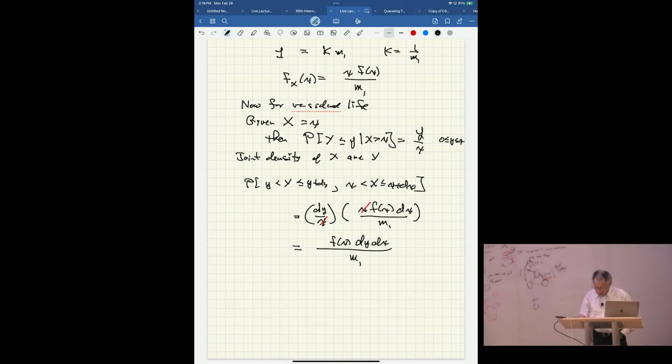So I get that f hat, the thing I'm after, the density of the residual life of y dy, is equal to the integral. X has to be at least as big as y, if that's the residual life, on up to infinity, of f of x dy dx over m1.